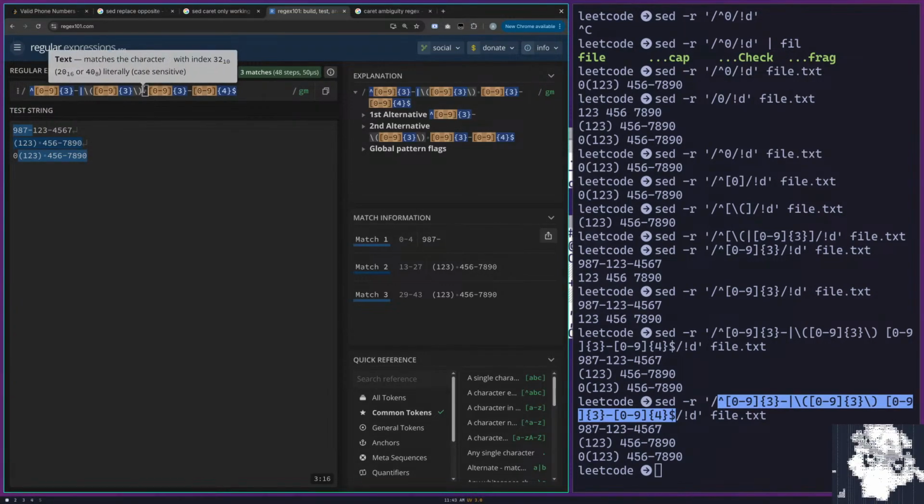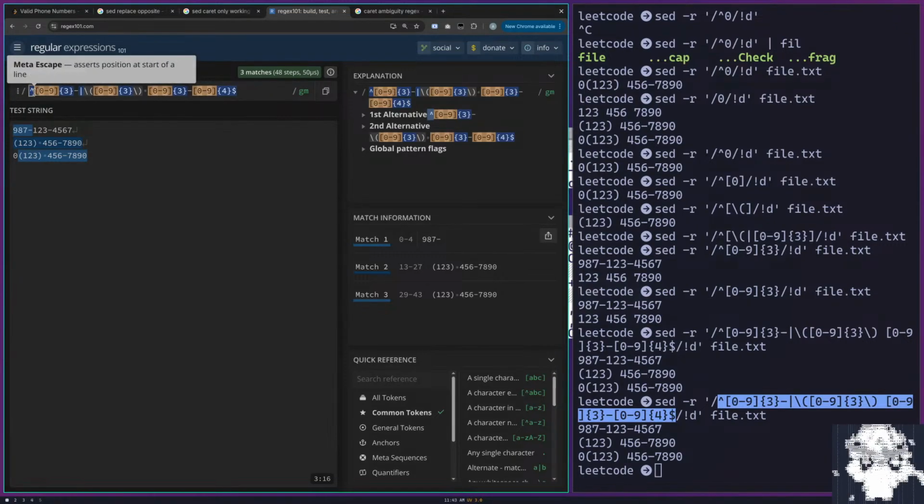I want to choose between two alternatives. And that's what I have. Alternative one is, well, no, that's not what I have because it's putting the caret as part of alternative one. How do I say that it's not part of alternative one?